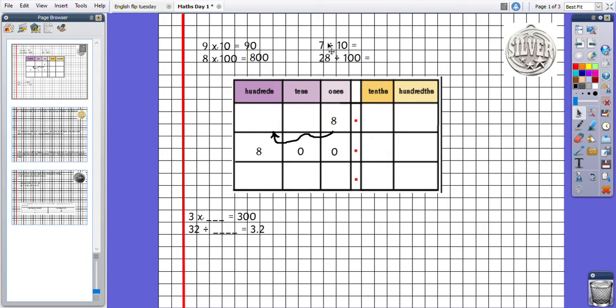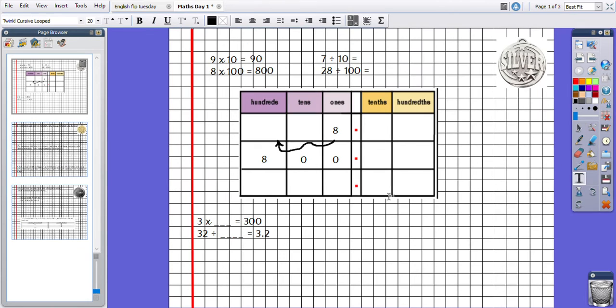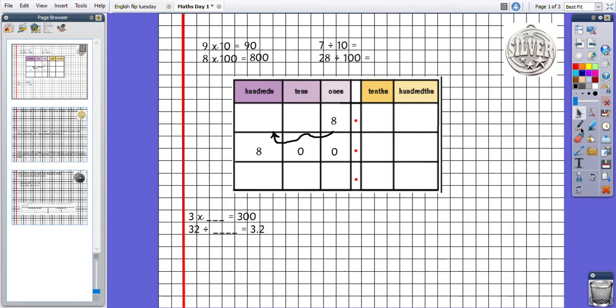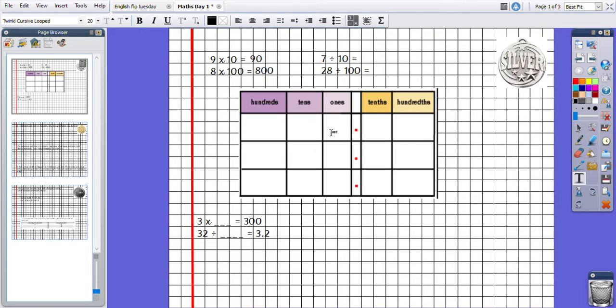Now, when dividing by 10 and 100, we are making our number 10 or 100 times smaller. So I am looking at 7 divided by 10. Now we're going to be going into our decimal numbers. So I'll pop my 7 into my place value grid, and I am making it 10 times smaller.